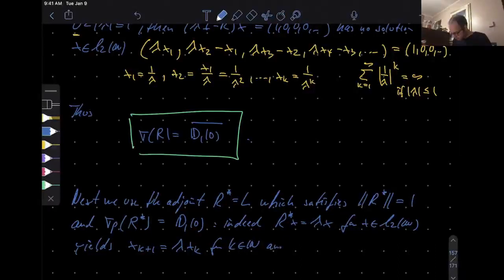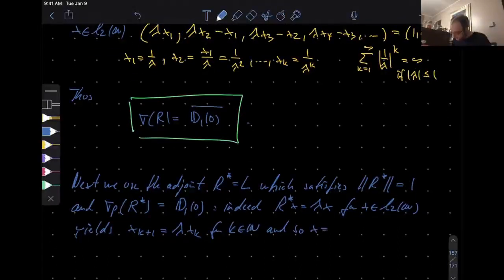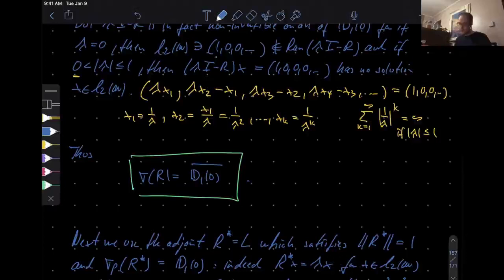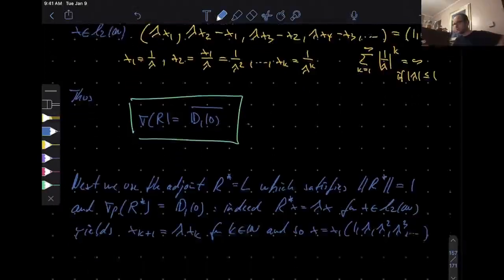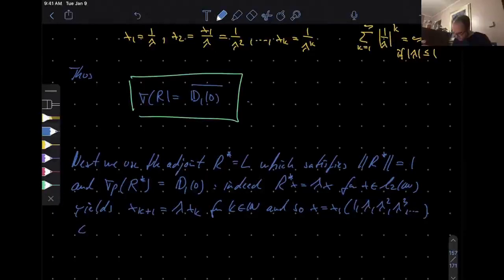And so you can solve this. You get x is a multiple of the following vector: 1, lambda, lambda squared, lambda cubed, and so on and so forth. All right, so the lambdas now appear with non-negative exponents, unlike earlier up here in yellow where they appeared with negative exponents. All right, so this guy is square summable by geometric series if and only if lambda is less than 1 in complex modulus.